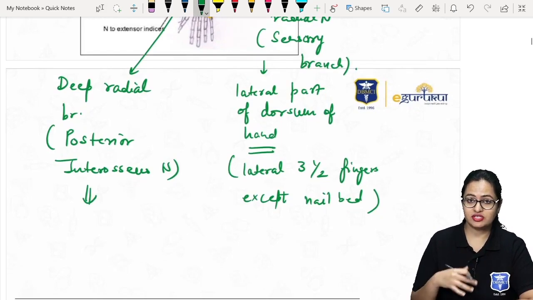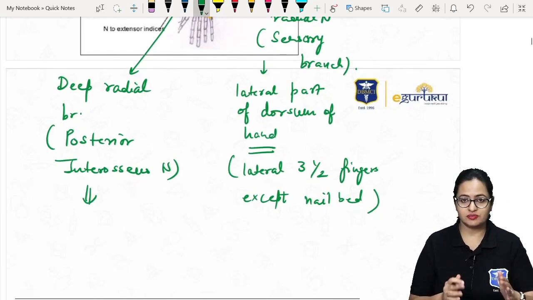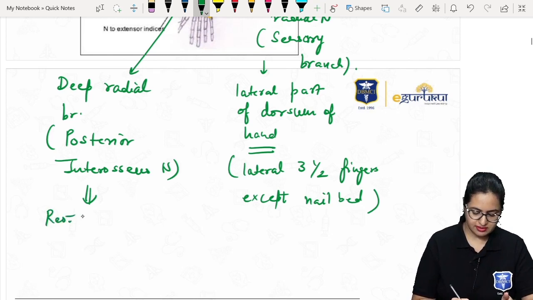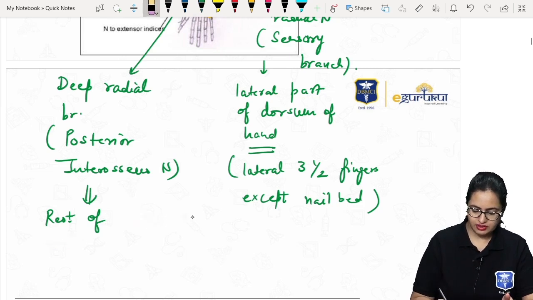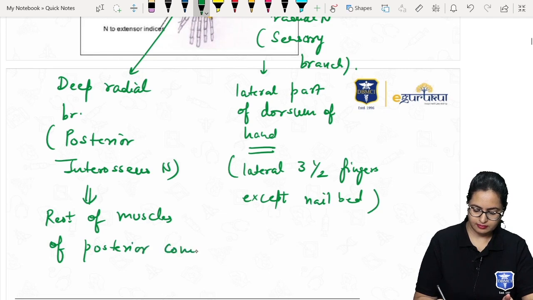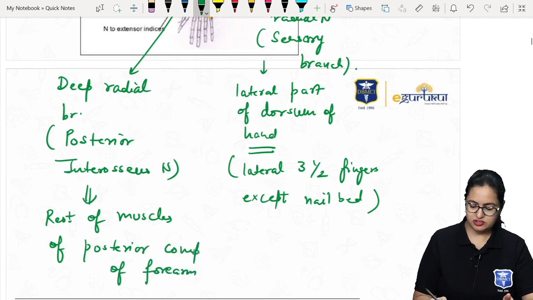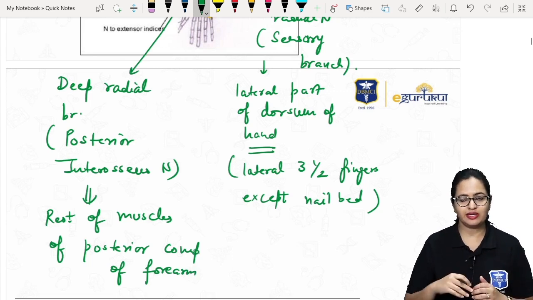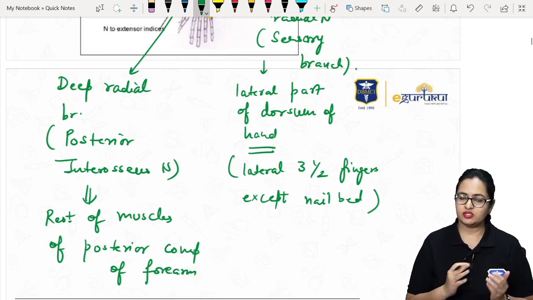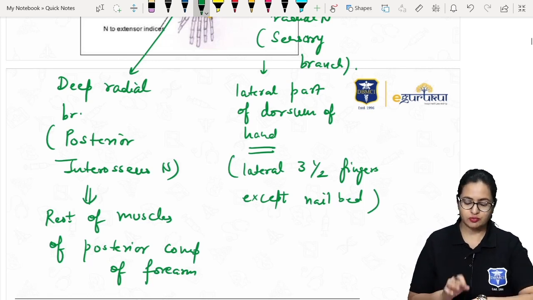Now this nerve supplies the rest of the extensor muscles, or you can say the rest of the muscles of posterior compartment of forearm, like all other extensors as well as supinator. So all these are supplied by the posterior interosseous nerve.